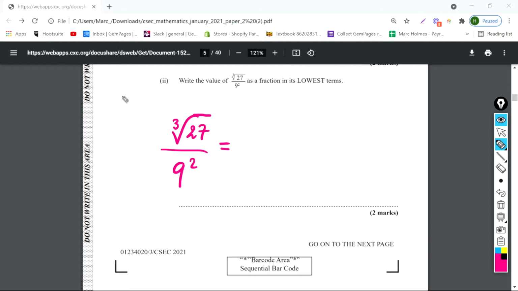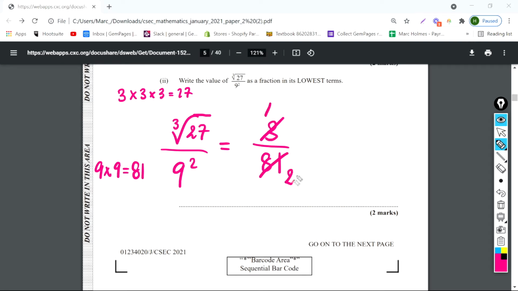The cube root of 27 is actually 3, because 3 times 3 times 3 gives us 27. So the cube root of 27 is 3, and this should be over 9 squared. 9 times 9 will give us 81. So this is 3 over 81. But the thing is, guys, 3 can actually go into 81 27 times. So this is actually going to give us 1 over 27.